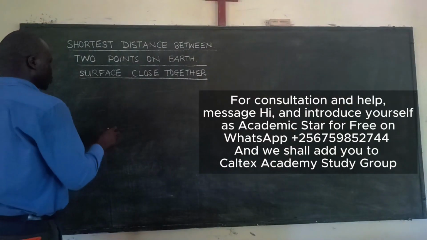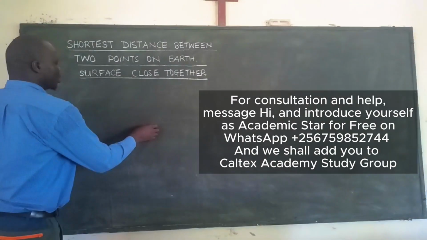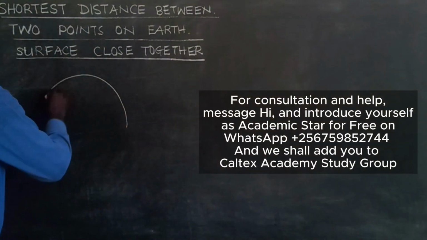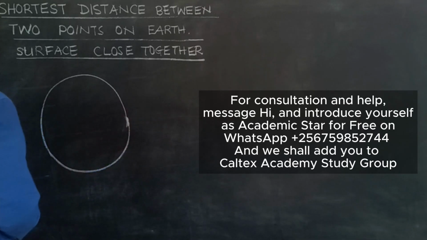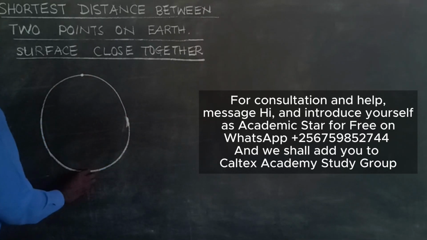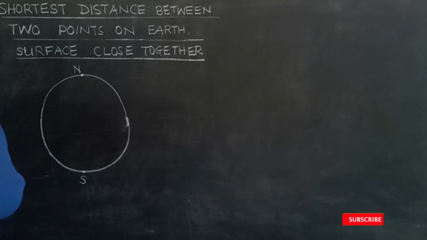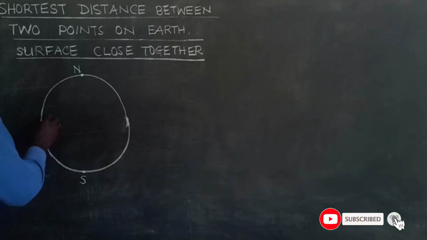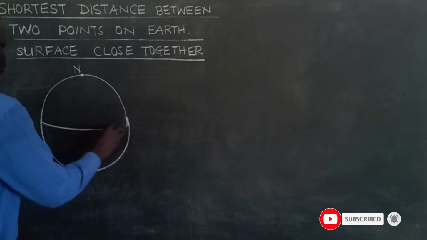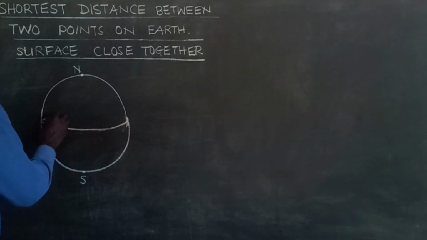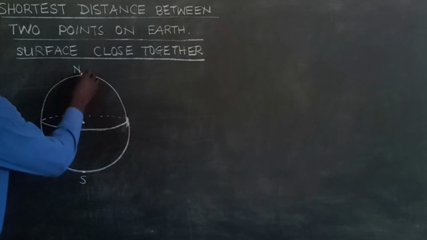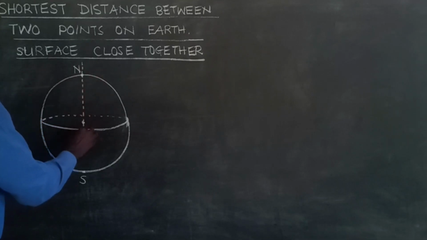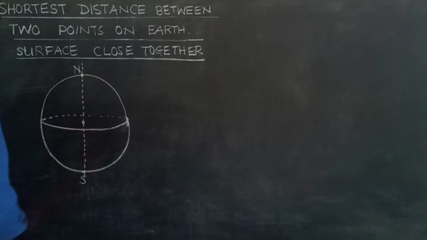So let's have a sketch of the Earth, something just rough. If this is the model of Earth with the South and North Pole, we can estimate our latitude, that is the equator, at the middle of the Earth with its center here, aligning at the same axis that passes, dividing this into eastern and western hemisphere.